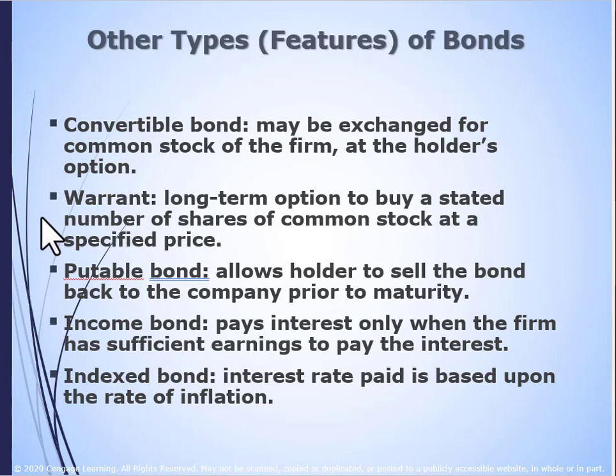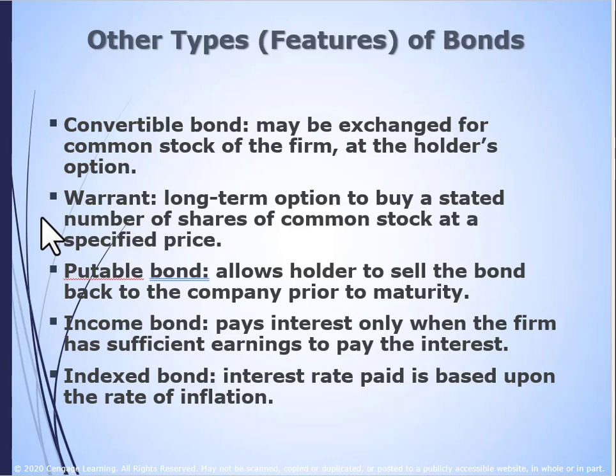Some other features and characteristics of bonds, we have things referred to as convertible bonds. These are bonds that you can convert into common stock. Again, when you buy them, you know what they are, and of course, there are rules. There are something called warrants. These are long-term options. Sometimes they're referred to as sweeteners.